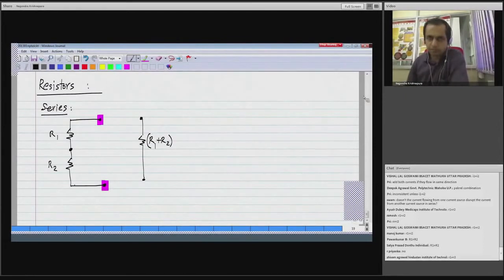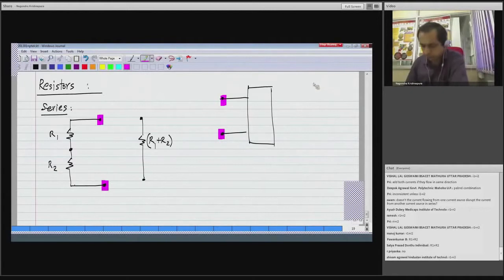Now, the easiest way to do that is, I want to find out what happens between these two terminals. One general thing is that, let's say you are given a box with two terminals. We are talking about electrical circuits. Internally, there are some circuits, and two terminals are exposed to the outside, and you are asked to find out what is inside.